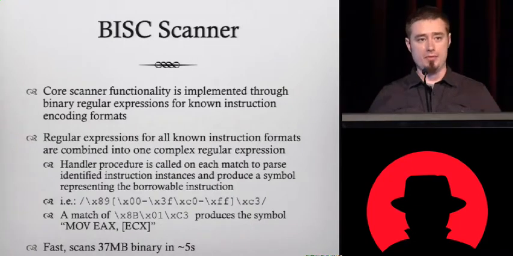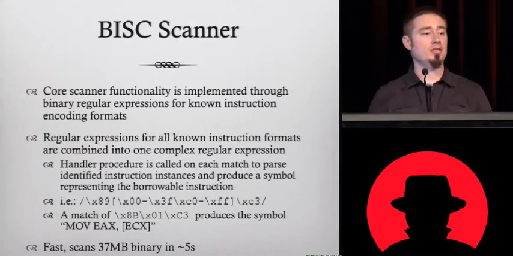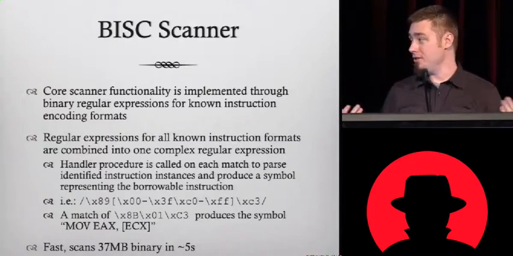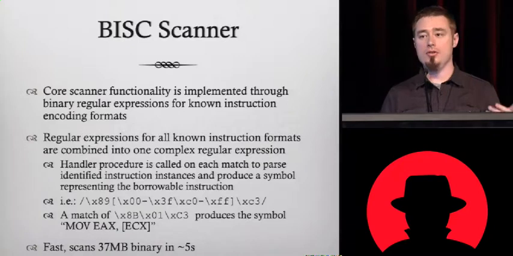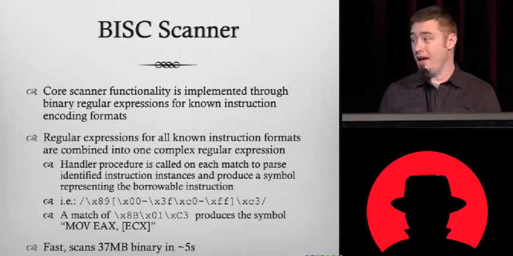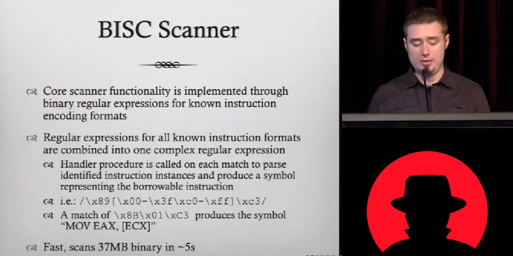Then I have a loop that combines them all into one big regex, scans the text segment, and spits out everything it found, which is nice because it's fast. One example: I used this on the Mac OS X version of Google Chrome, which has a 37 megabyte text section, and it'll scan the entire thing in 5 seconds on a relatively modern laptop.